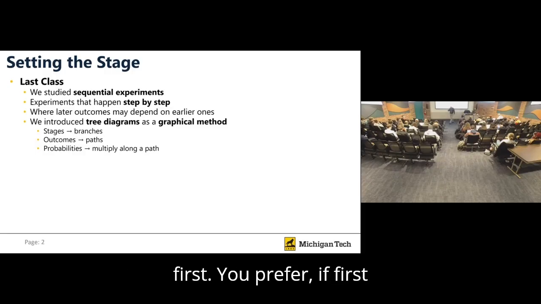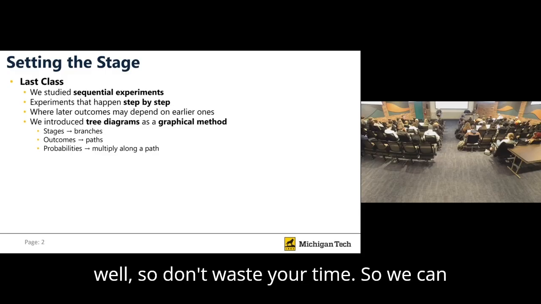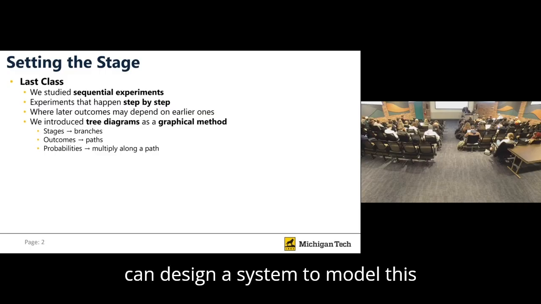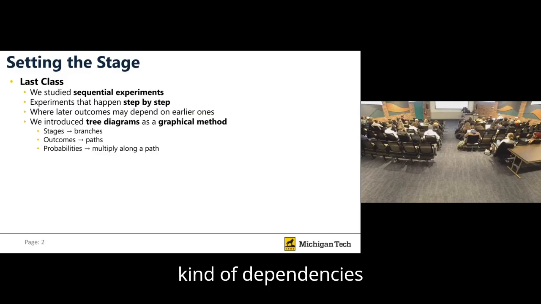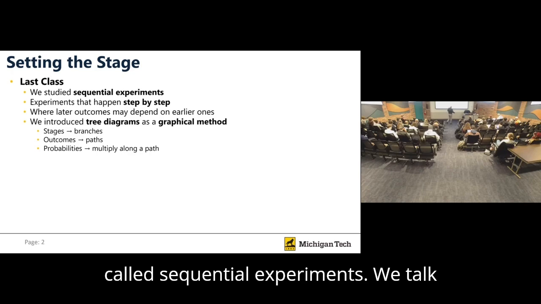You prefer, if the first one is green, the next one be green as well, to not waste your time. So we can design a system to model these kinds of dependencies between different stages. That's called sequential experiments.